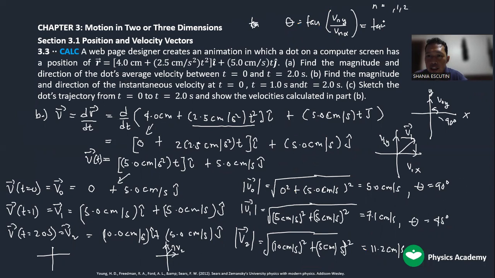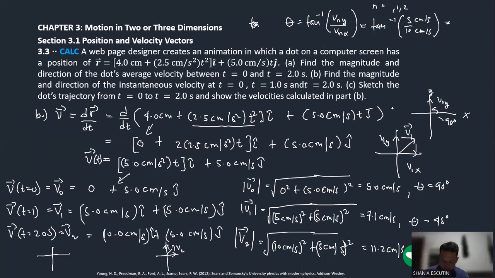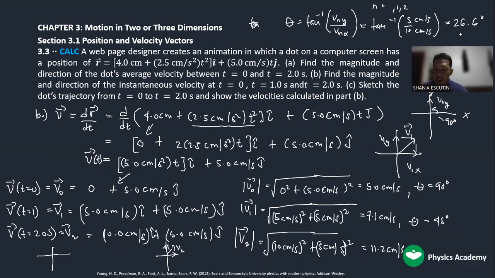So we have tangent inverse, where our y is 5 over 10 centimeters per second. Using shift tangent, tangent inverse of 5 over 10, we have 26.6 degrees. So here the theta is 26.6 degrees.